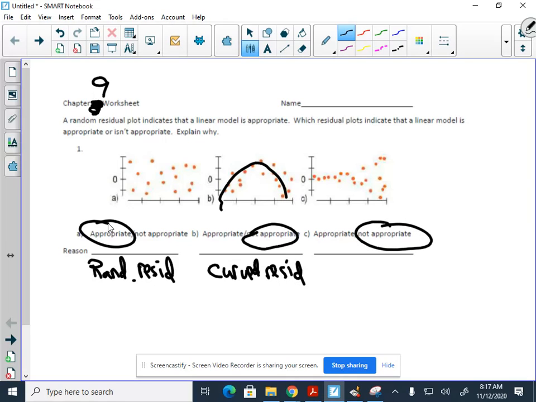Not appropriate here because we have the change in variance of the residual plot. Okay. So, pretty straightforward. Everybody good? All right.